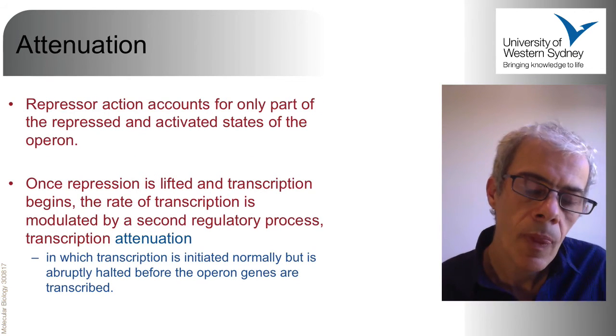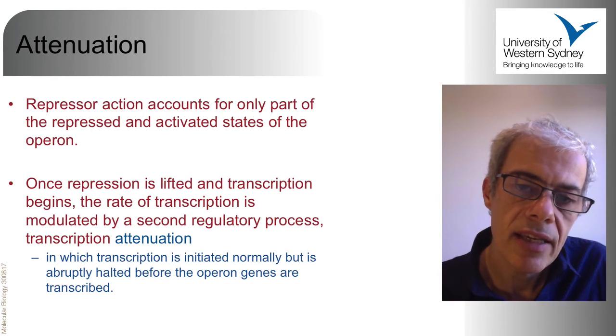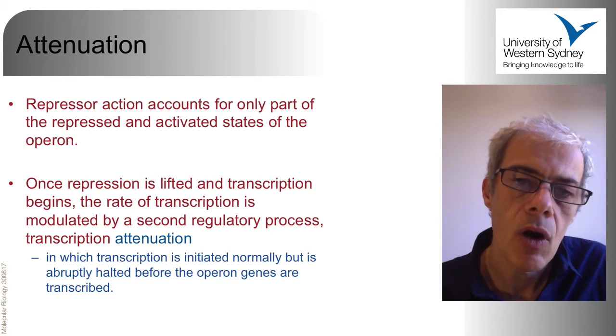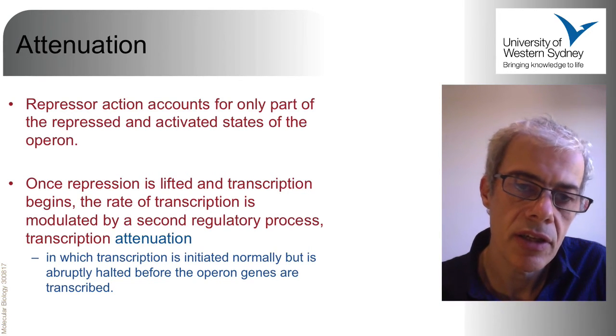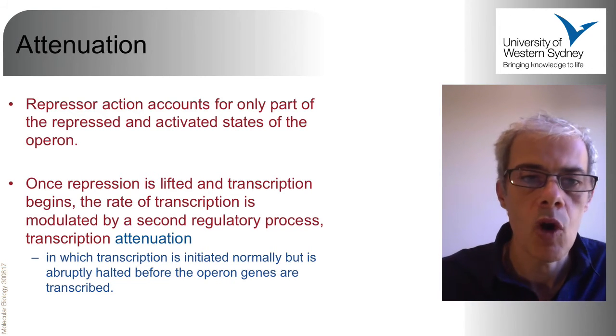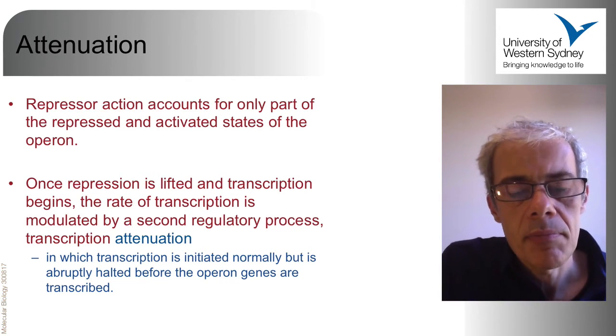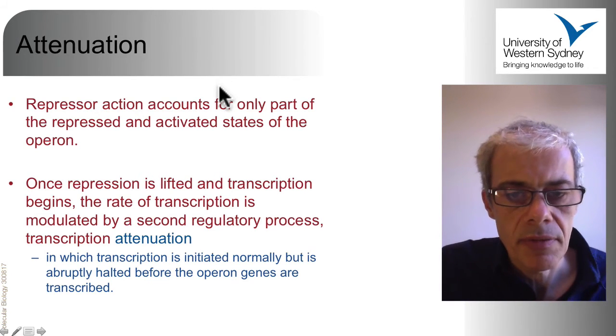Now, the Trp operon is also interesting because it has another mechanism of regulation. And again, this is a mechanism of regulation that occurs in quite a few amino acid biosynthesis operons. And this method of regulation is called attenuation.